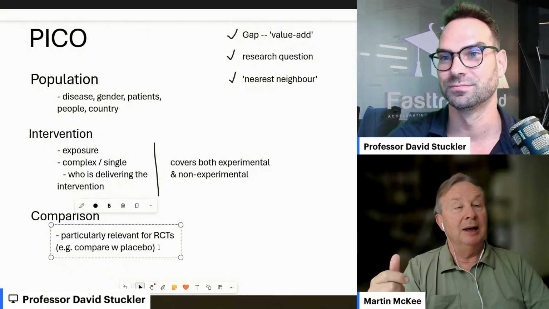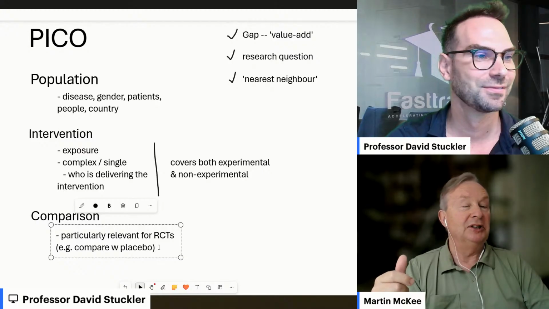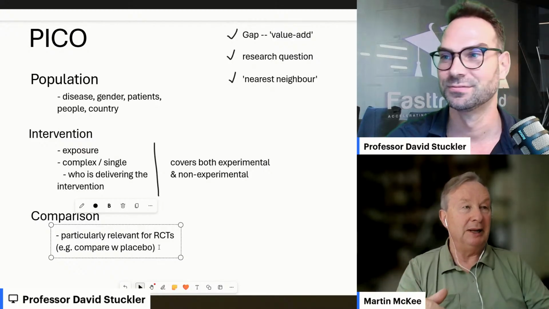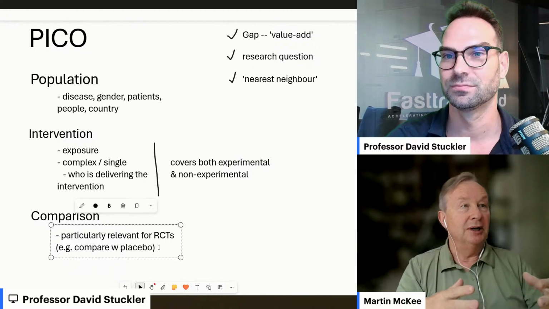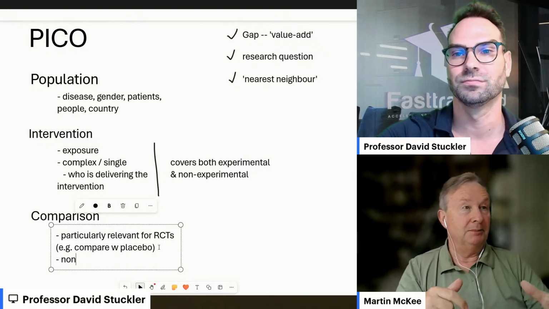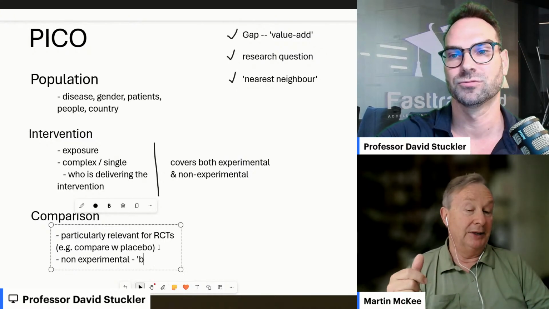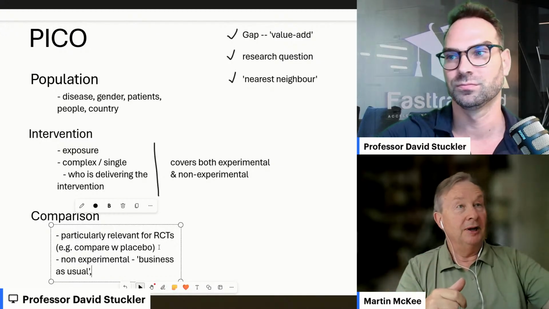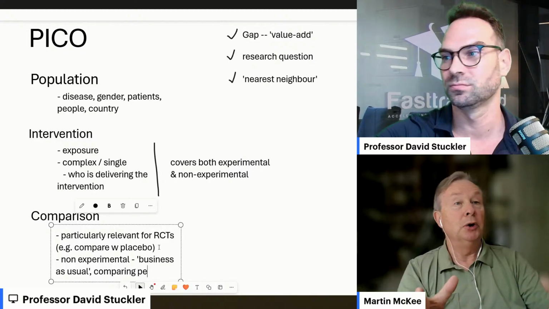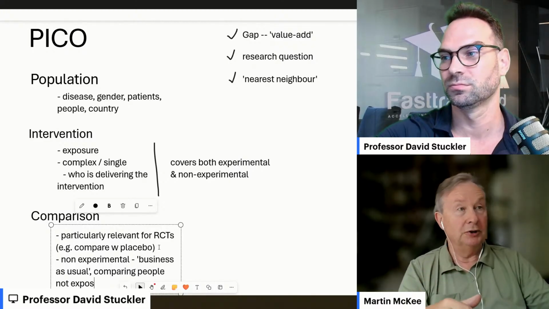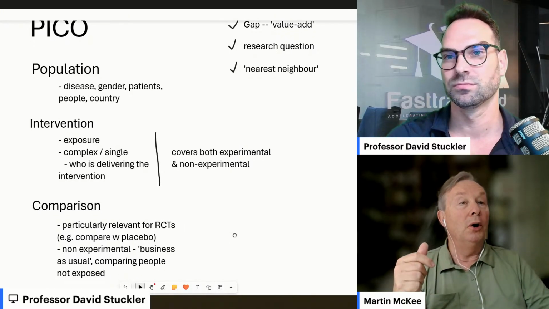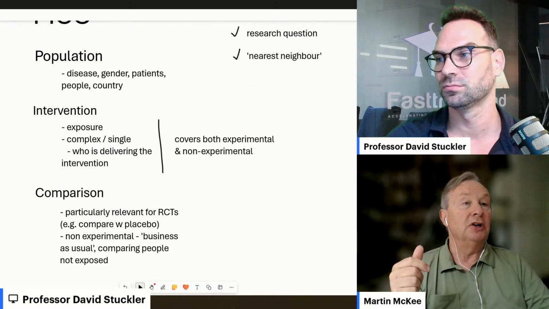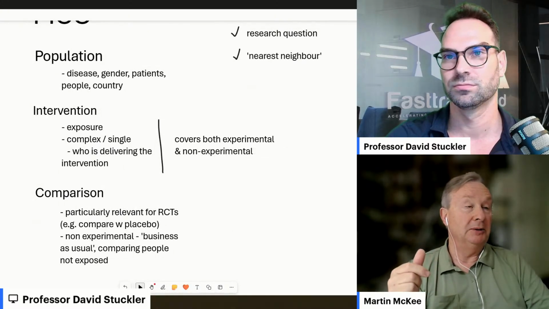And again, in non-experimental methods, it's usually where you're looking at something being done, an intervention, a new policy is put into place, and you're comparing people who have been in an area where that new law or policy has been introduced and the ones that are not. Or it could be that you've got some measure. You've mentioned populism, for example.